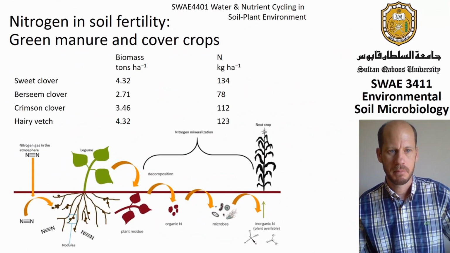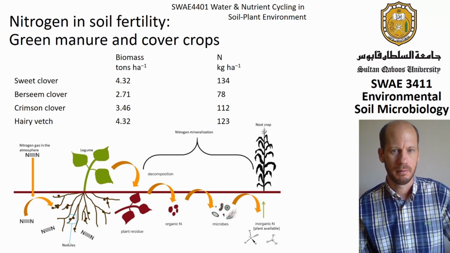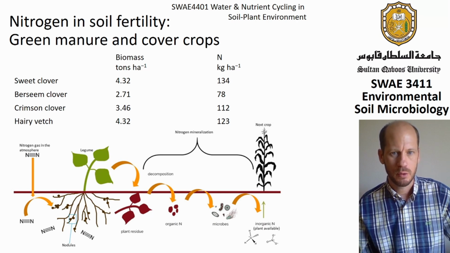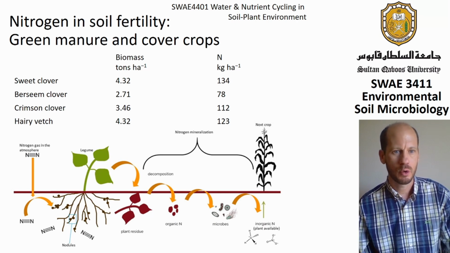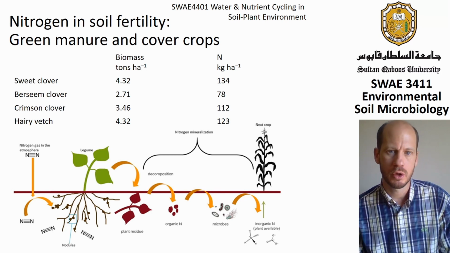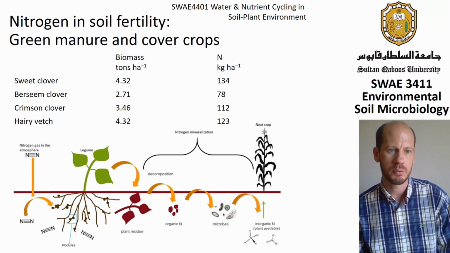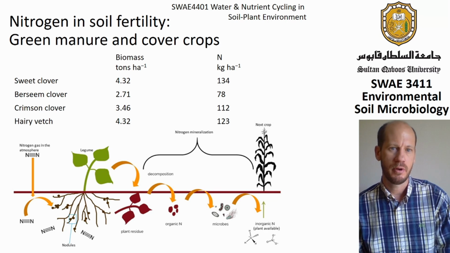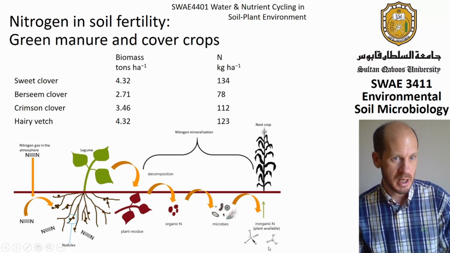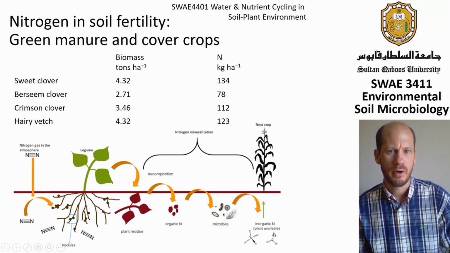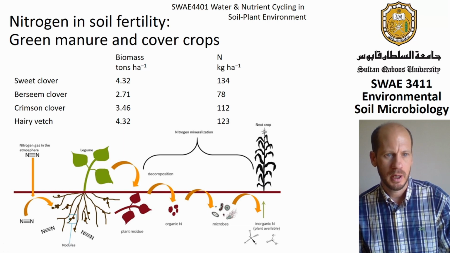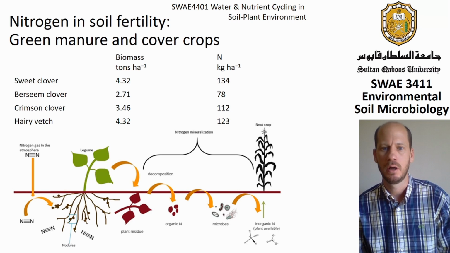This is some of the amounts of nitrogen that you can fix by using green manures that are also legumes. If you use green manures or cover crops that are also legumes, you can have a lot of atmospheric nitrogen biological fixation in the soils. So, for example, sweet clover and crimson clover will be fixing more than 100 kilograms of nitrogen per hectare.